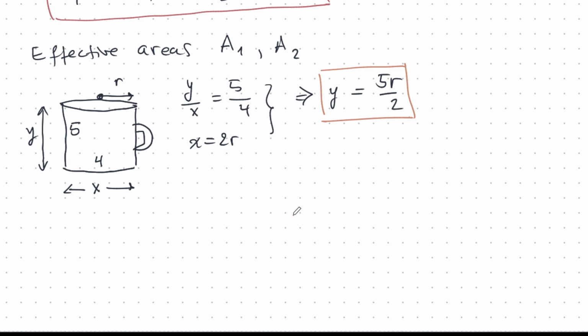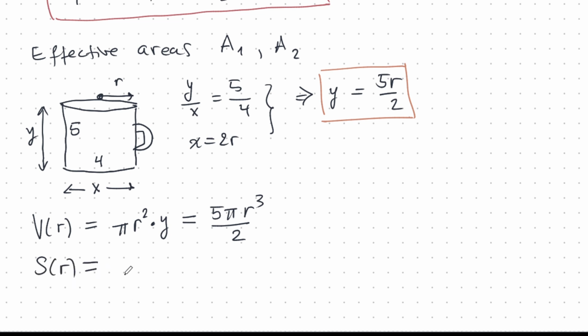I want to make it simpler to calculate those things by choosing some kind of proportion for my cup. My volume is the area of the base times the height y, and that's equal to 5 pi r cubed over 2. Now here, S is the surface area, but I'm only interested in lateral surface area.